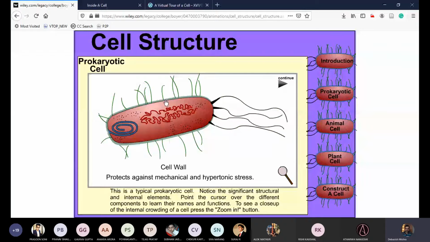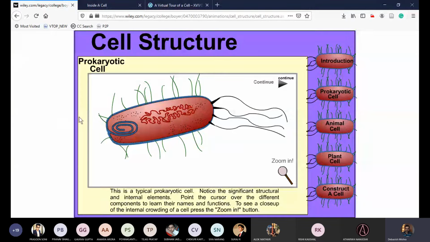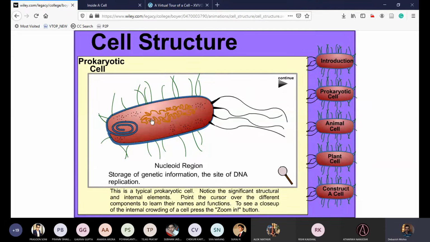Majorly, we draw it in the shape of a capsule, and the blue color outline, when we click, shows that it is a cell wall. And when we click the red area, we call it a nucleoid.